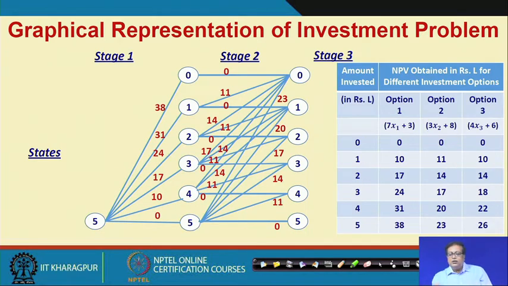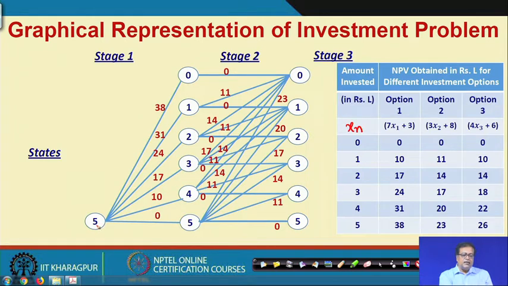Now look at what is happening at option 2. In option 2, this is our guiding formula, that is 3 x 2 plus 8, and if we invest 0, then we get 0. Please be very careful about the difference between x n and these states. The states are not x n, they can be called S n.